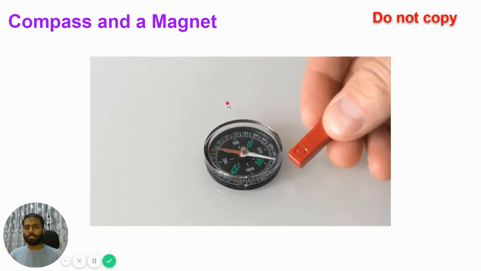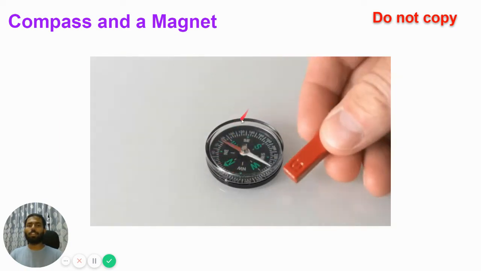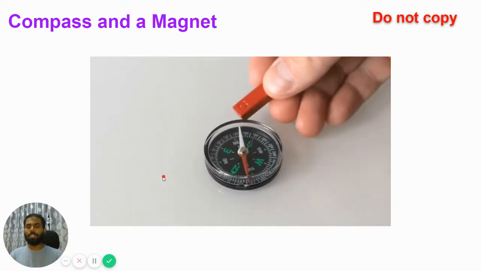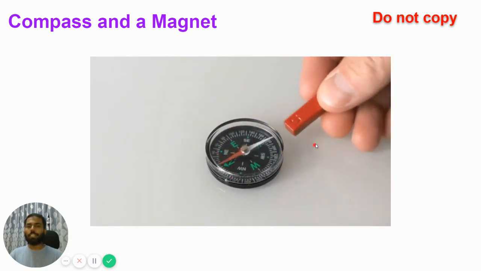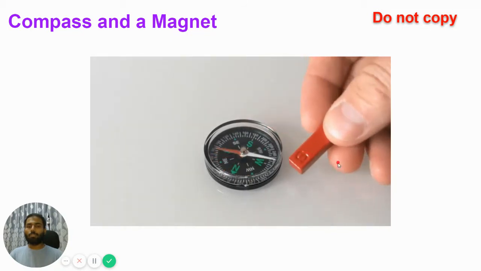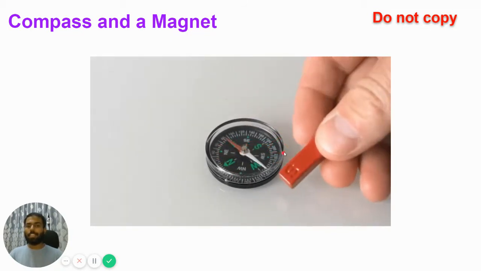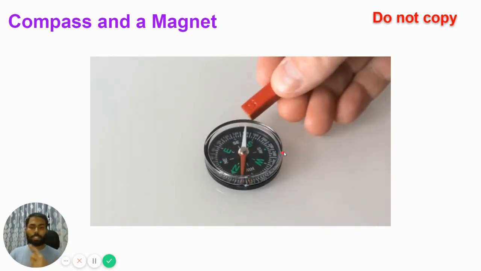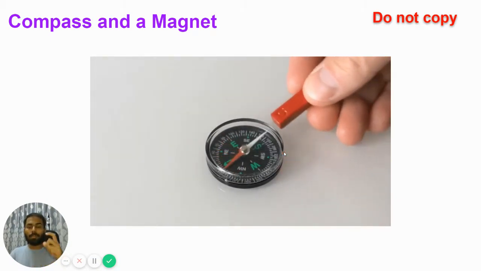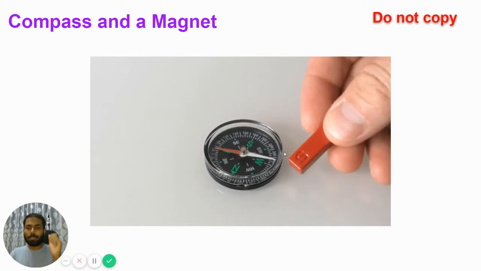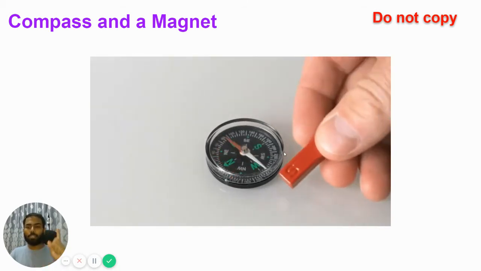Next, what happens when you bring a magnet near a compass? So magnet has its own magnetic field, right? magnet का खुद का magnetic field है. So अगर तुम लोग ने magnet को बहुत ज्यादा पास लेके आए एक compass के, then the compass is going to start moving. Okay, so compass किसको react करता है? Compass reacts to magnetic field. If there is a magnetic field around, the compass is going to react.